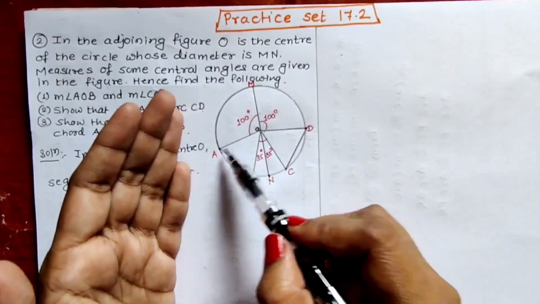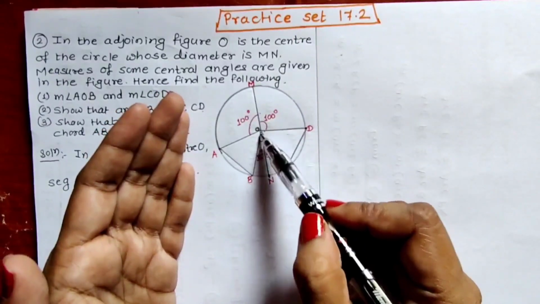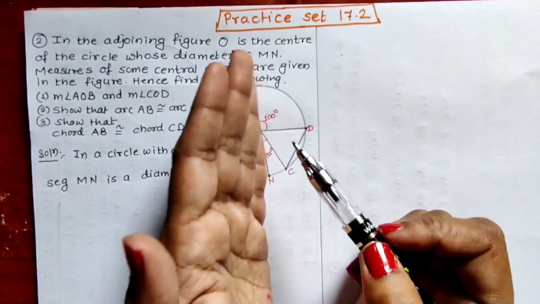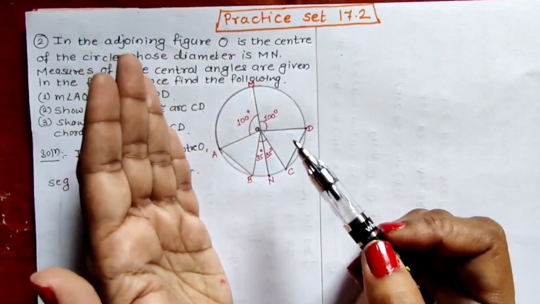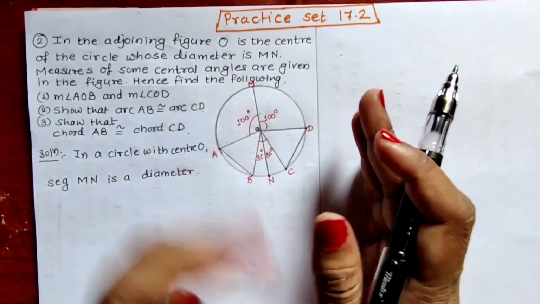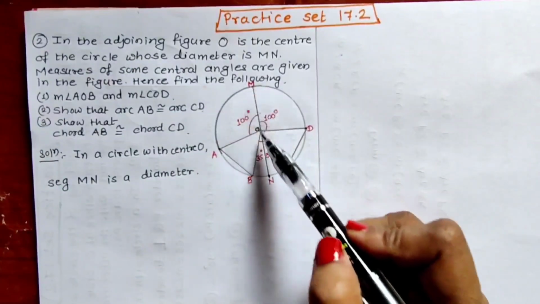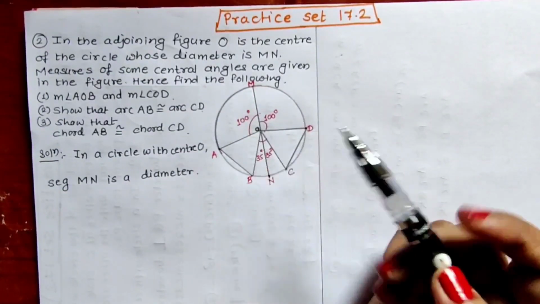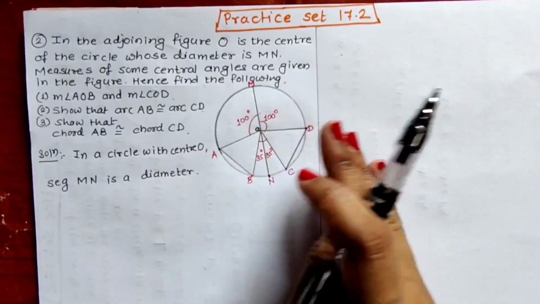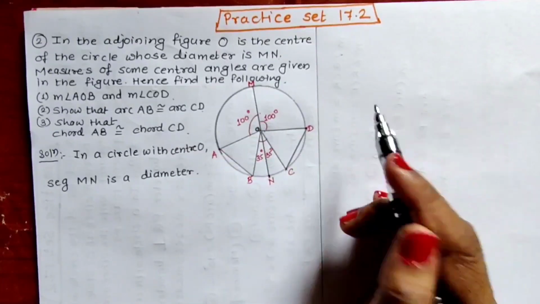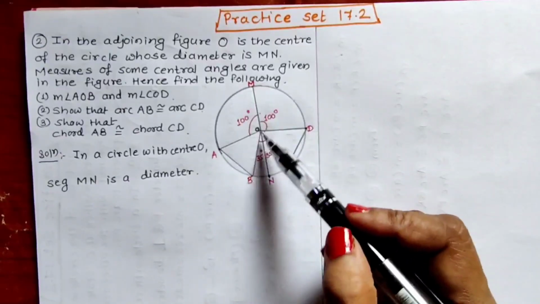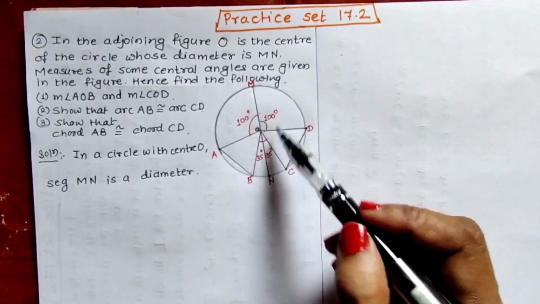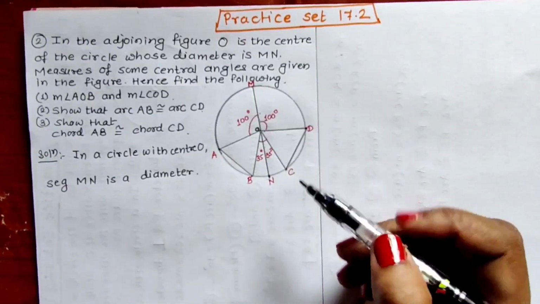Similarly, we can say about the right hand side, angle MOD, angle DOC and angle CON. These three angles cover the semicircle of right hand side, and therefore the addition of these three angles will be 180 degree each.